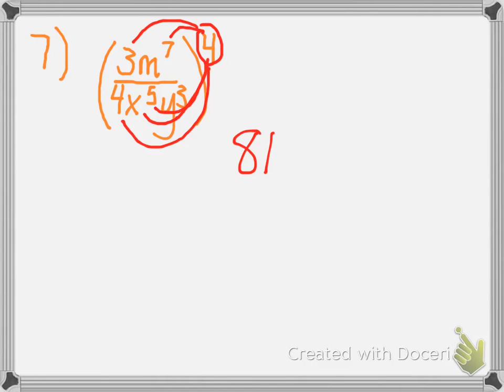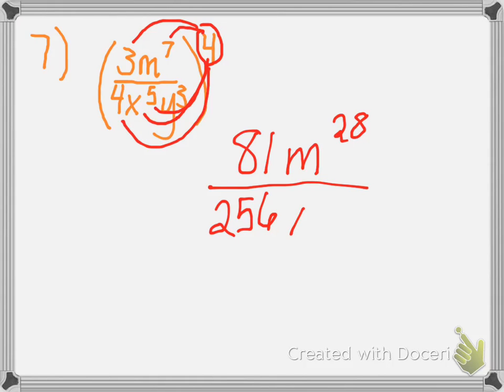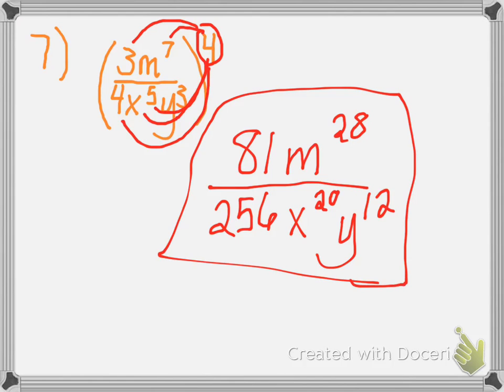And then you're going to multiply 7 times 4, which is 28. On the bottom, 4 to the 4th, that is 256. Then you're going to multiply 5 times 4 is 20. And 3 times 4 is 12. You can't simplify your numbers and you can't do anything with the letters, so this would be your final answer.